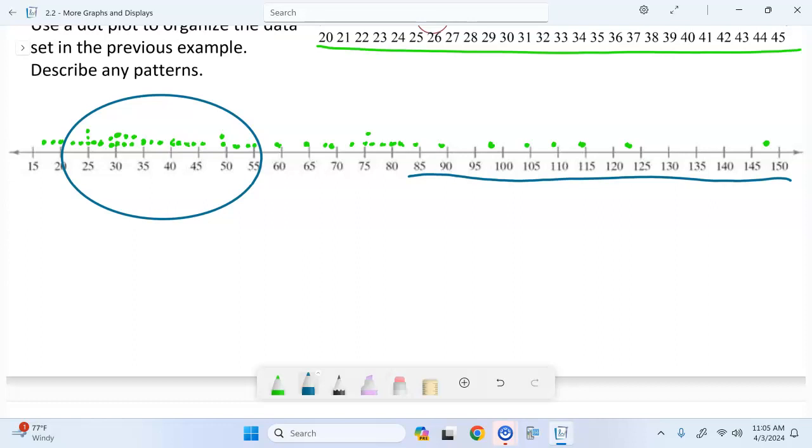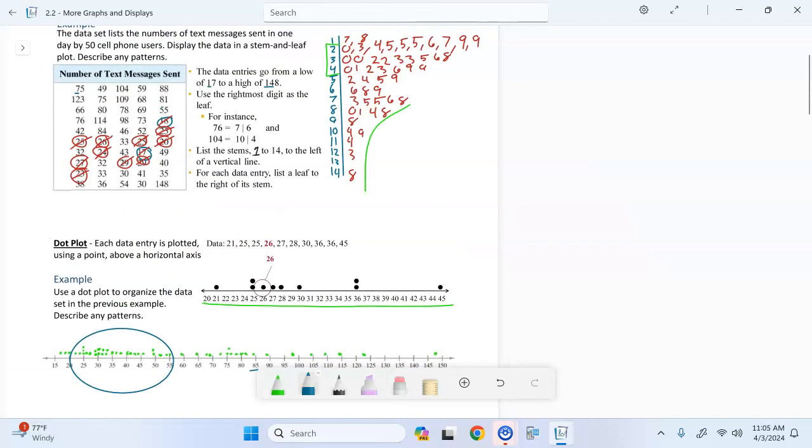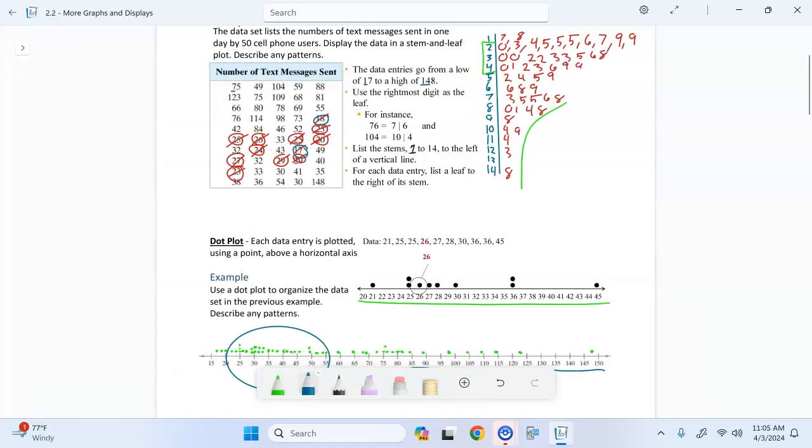And so grouping it with a stem and leaf gives us that same general information, but in a much more compact way. If my data set had a smaller range, dot plot could be great because it preserves that individual value. I can look at which specific numbers have more frequency more easily. But that long range, less useful.